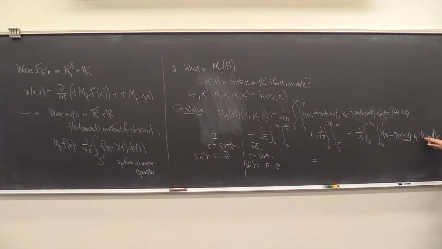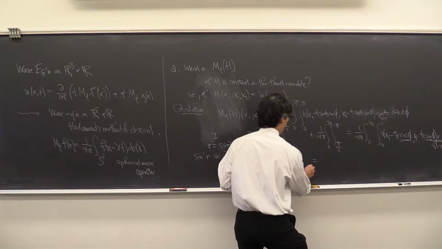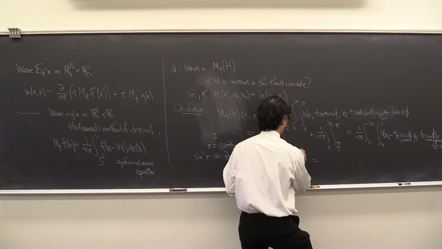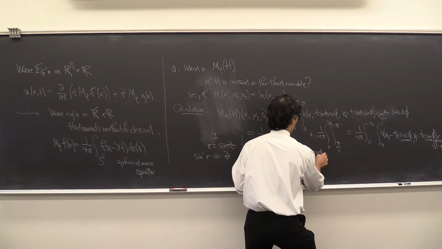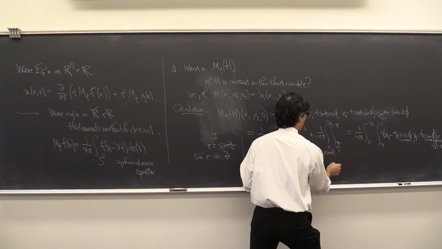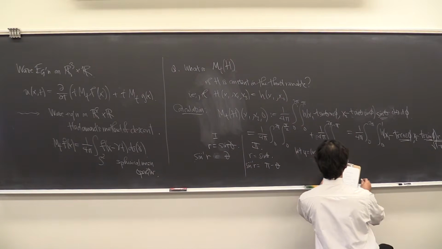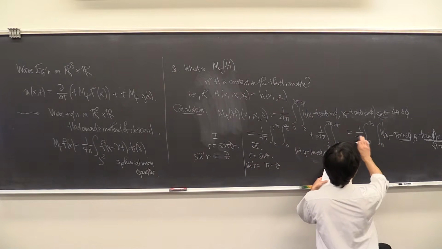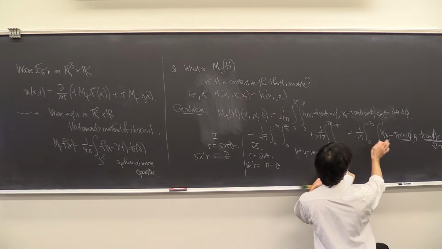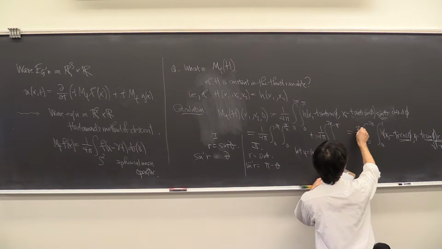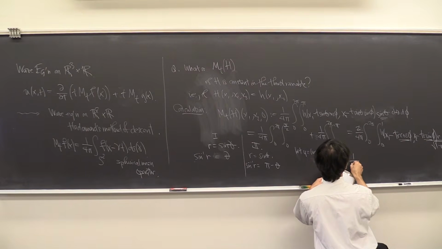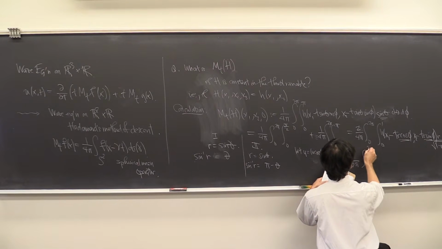So we've got this r cosine phi, we've got this r sine phi, right? So now let y equal (r cosine phi, r sine phi), right? And we end up with the integral. I'm sorry, we get two of them. They're the same, so we get two of them. So in the end, we get 1 over 2 pi, integral from 0 to 2 pi.